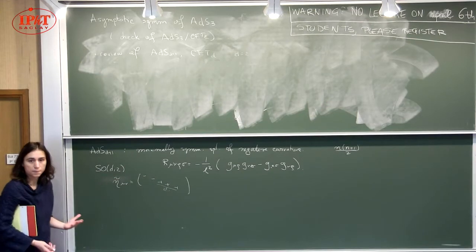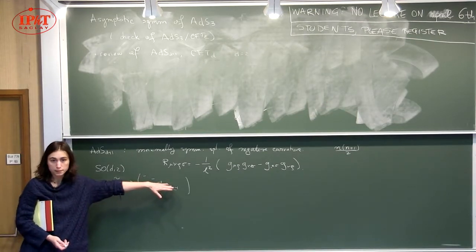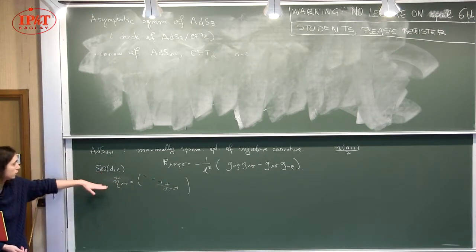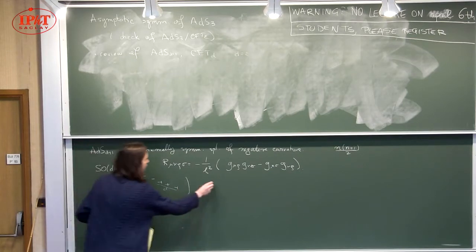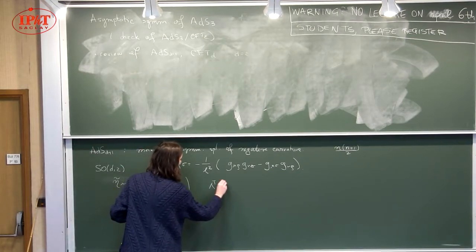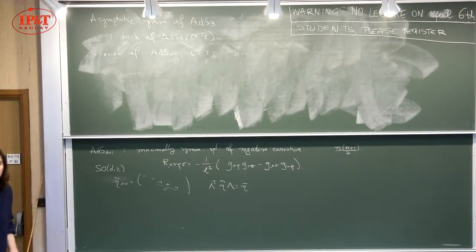For the Lorentz group, it leaves invariant η with one minus and a bunch of pluses. SO(D,2) leaves this thing invariant.